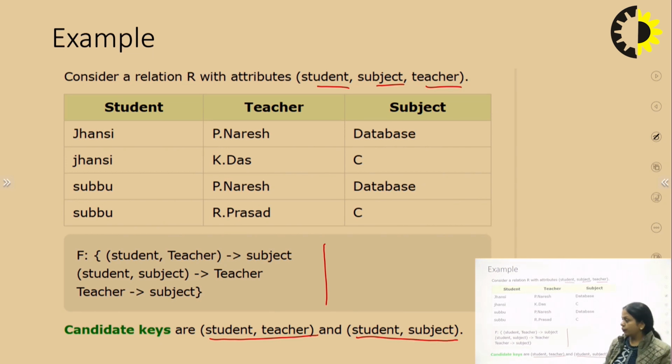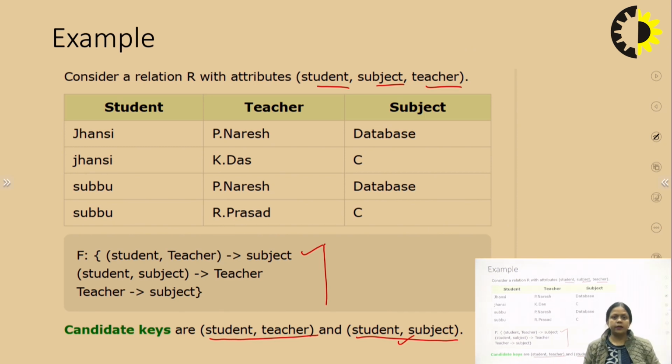Okay. So firstly we will check the first functional dependency. Subject is dependent on student and teacher, which is a super key. Criteria fulfilled, because this is a super key or candidate key. Now teacher is dependent on student and subject. Again, student and subject is a candidate key.